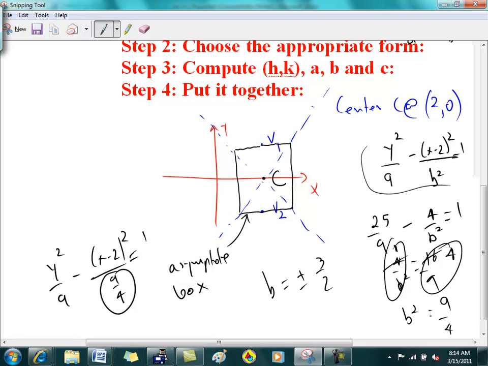Notice that the center C of the hyperbola is the center of the box as well. Then to draw the hyperbola nicely, you know it's going to go through this as a vertex. It's going to be like this, and like that.